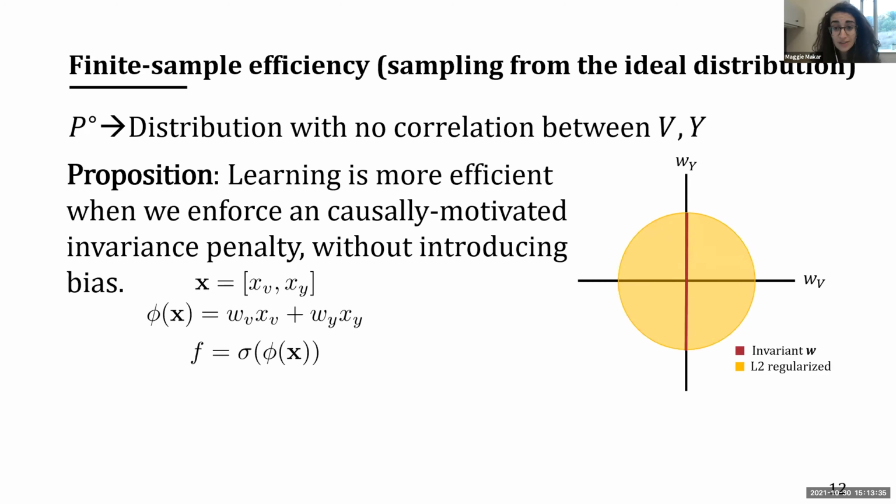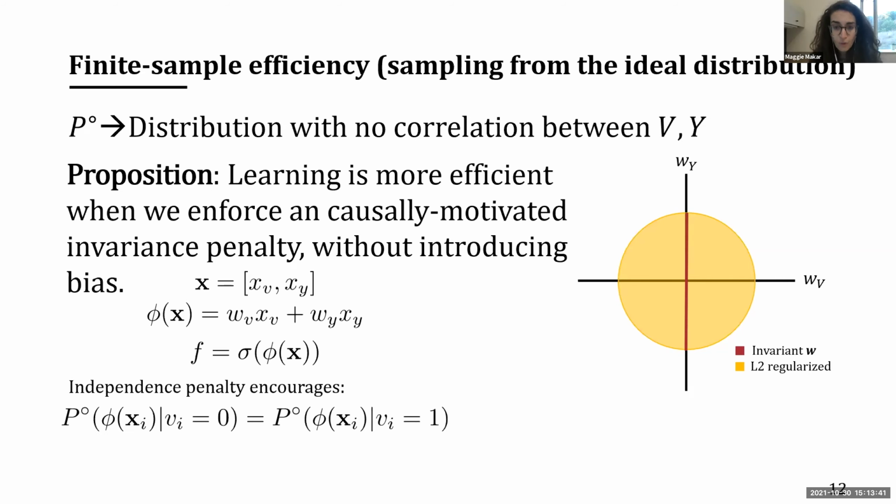Now, if we decided to do L2 regularization, our candidate function space becomes this yellow circle. Instead, enforcing a kind of causally motivated regularization penalizes the learned representations that encode information about V, and in doing so, it reduces the complexity of the function class.